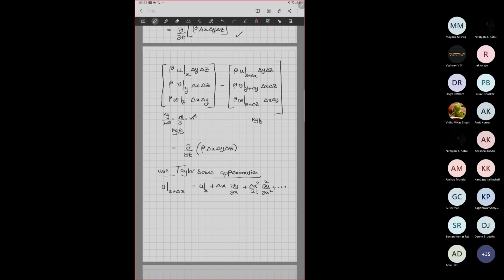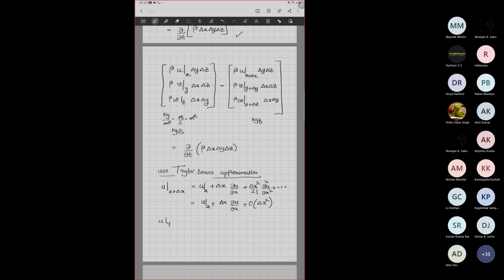Typically we write this as u at x plus delta x multiplied by del u by del x plus order delta x square. Any higher order terms we write in terms of this big O notation, order delta x square.